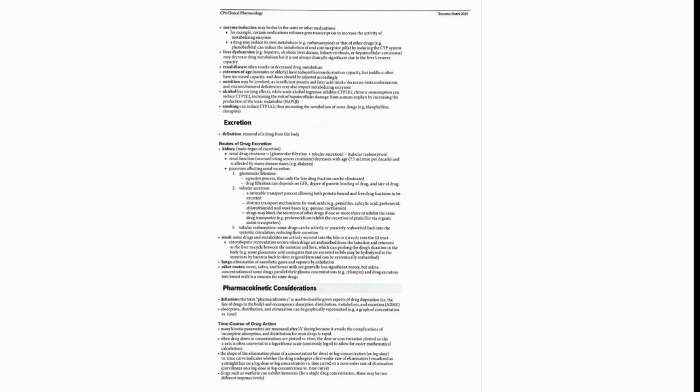Stool or biliary excretion. Some drugs are secreted into bile and enter the gastrointestinal tract. Certain drugs undergo enterohepatic recirculation. Here's how it works. Number 1, drug is metabolized in the liver.